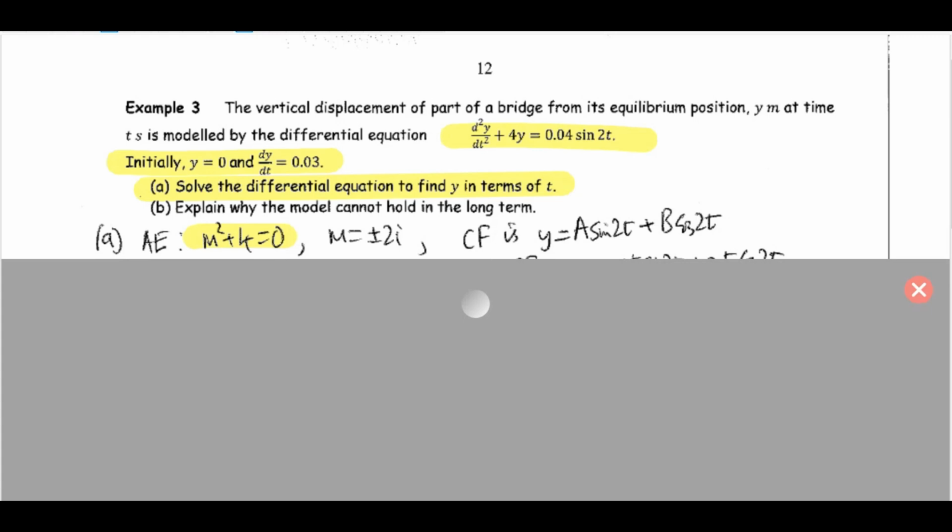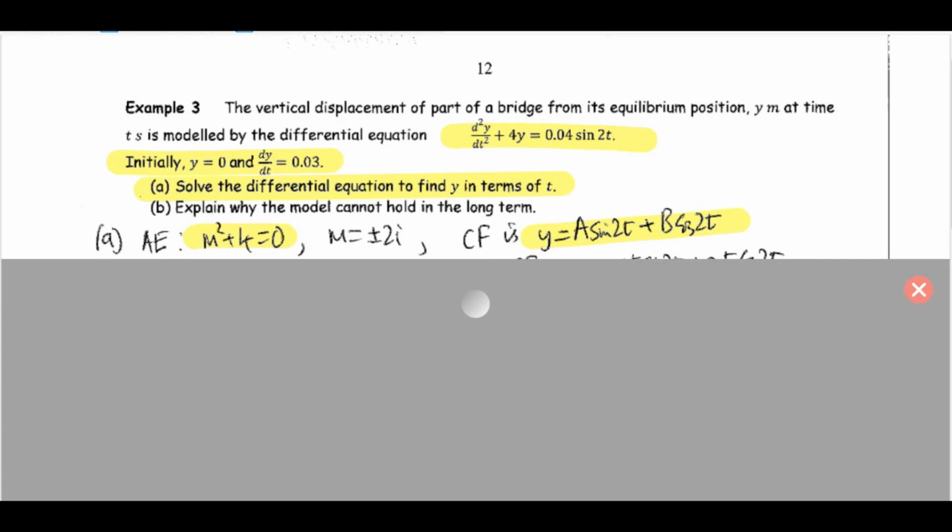So consequently, the complementary function is, well, there would be an e to the power of 0t in front, but 0t is 0. Therefore, e to the power of 0t is just 1. So the complementary function is just a sine 2t plus b cos 2t.